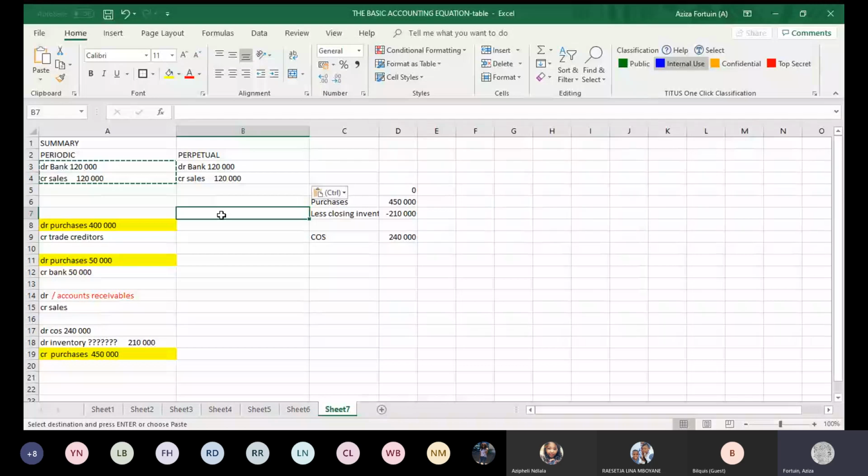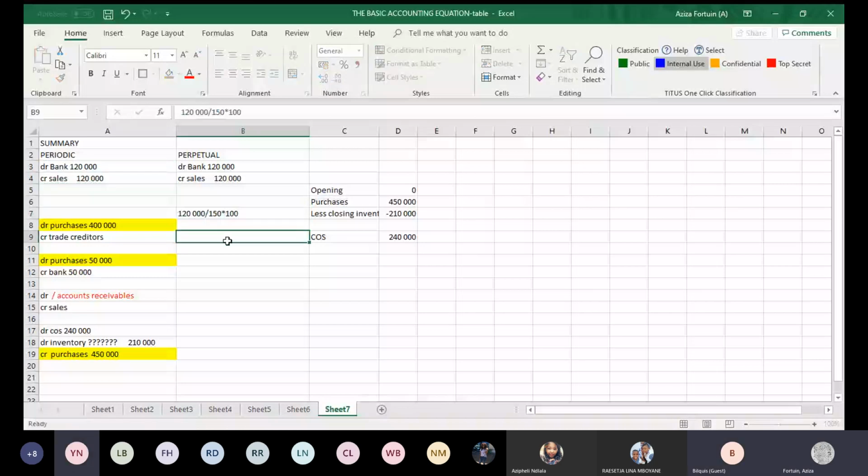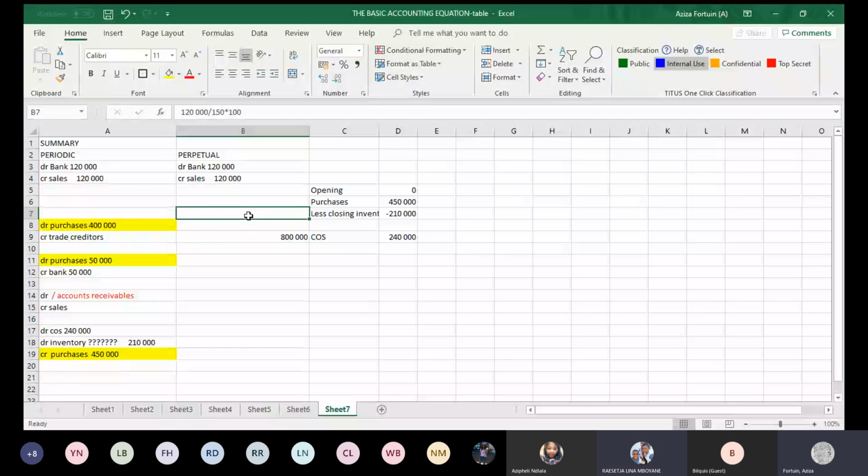Did they say somewhere there's a markup? Yes, there's a markup of 50%. So we have to take 120,000 divided by 150 times 100. And that gives us the 80,000. Are you with me? Yes.